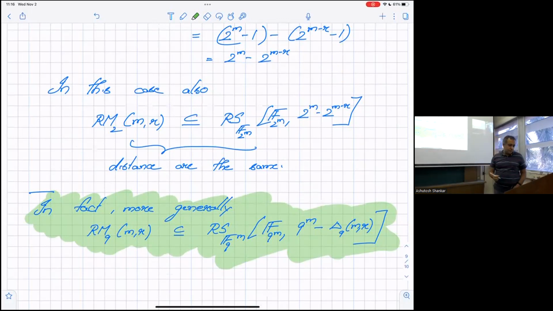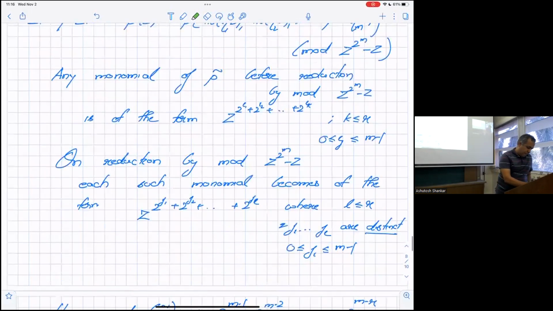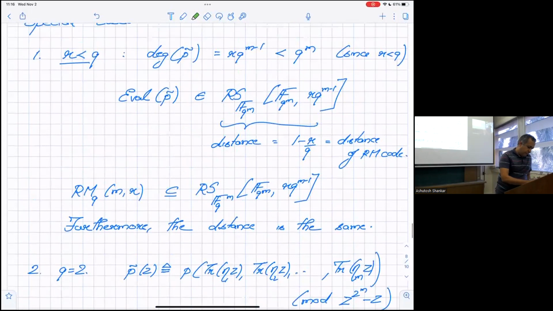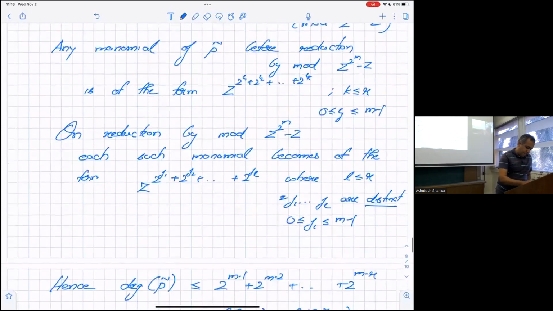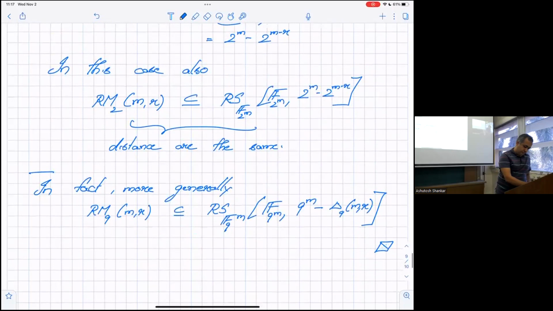So the last calculation for F2, because it is 2 power n minus r. Yeah. Last calculation, this is not a coincidence. You got this quantity 2 power n minus r.